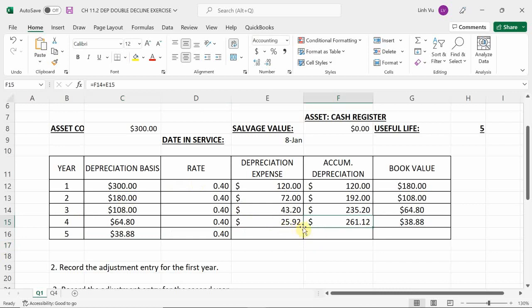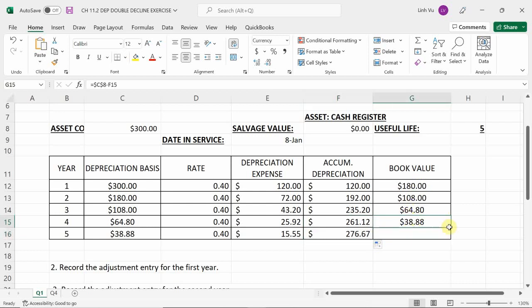Okay, what's 40% of 38.80? $15.55. Giving me an accumulated depreciation of $276.67.